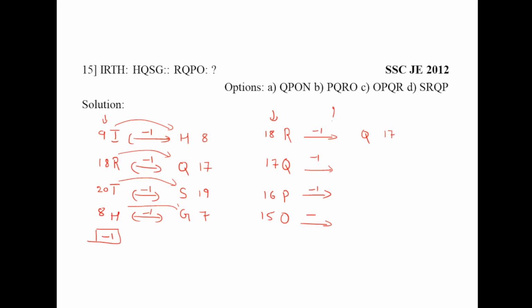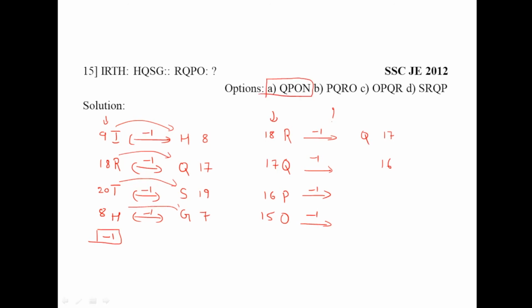Minus 1, minus 1, minus 1. 17 minus 1 is 16, and I have the 16th letter as P. 16 minus 1 is 15, it is O. 15 minus 1 is 14, it is N.